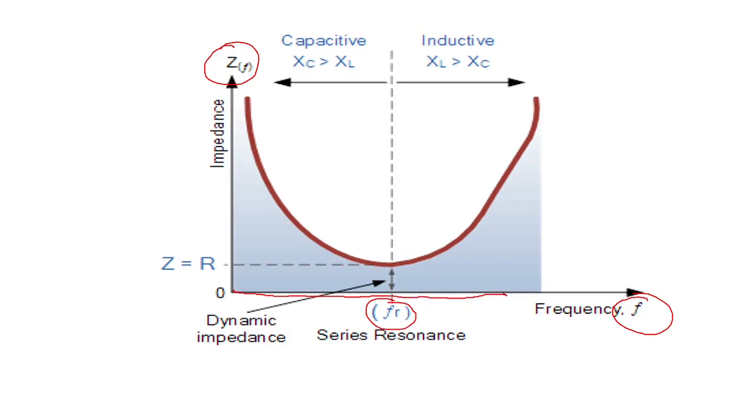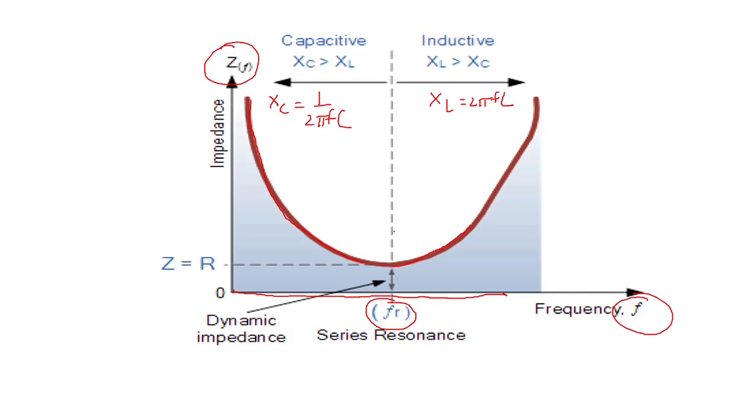Before the resonant frequency, the capacitor reactance is more, because XC is equal to 1 by 2 pi FC, so it is inversely proportional to F. When F is less, XC is more. After the resonant frequency, XL is more because XL is equal to 2 pi FL, and you can see this relation in the graph.